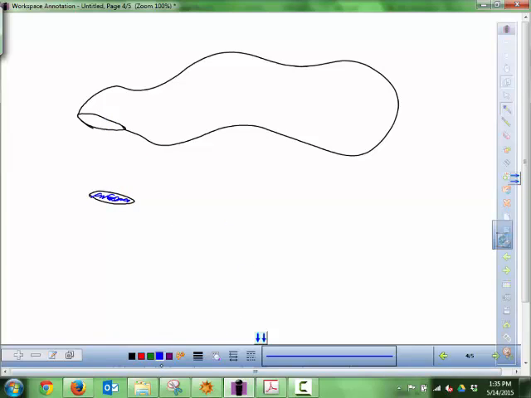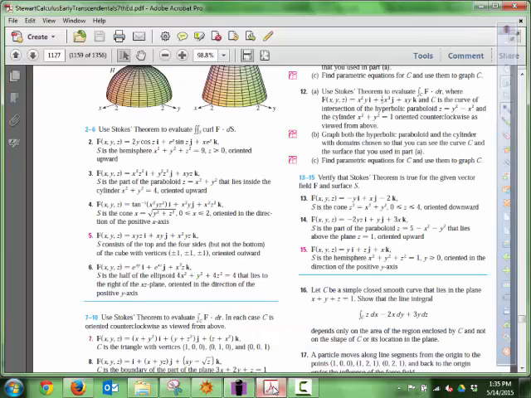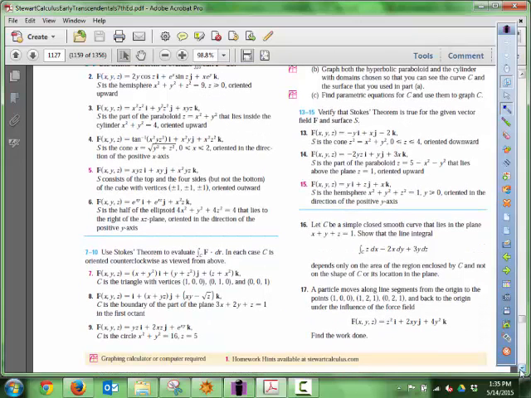And then you can integrate Stokes using that surface instead of this more complicated surface based on your boundary.